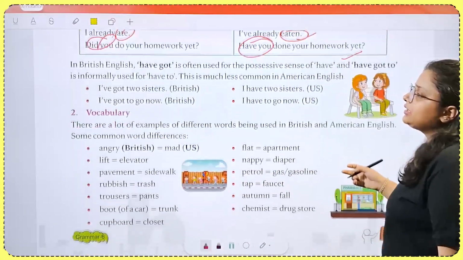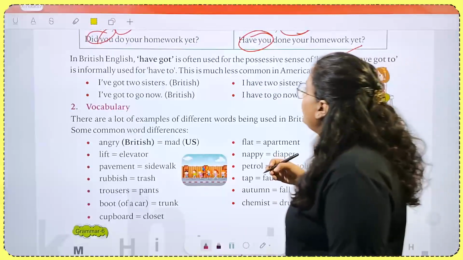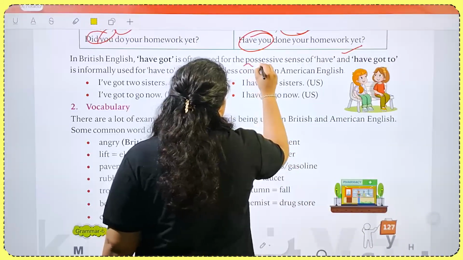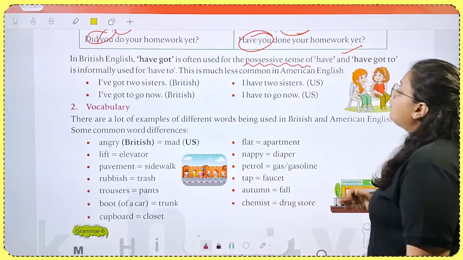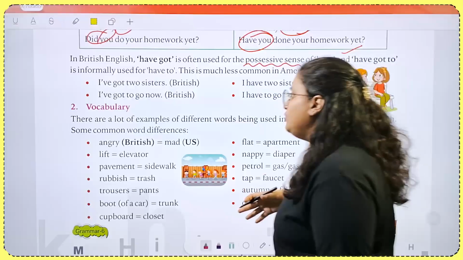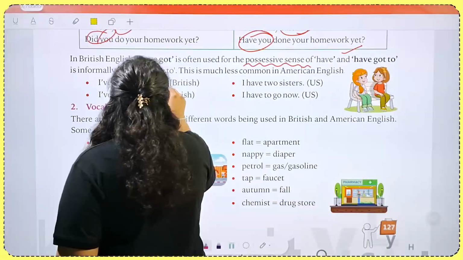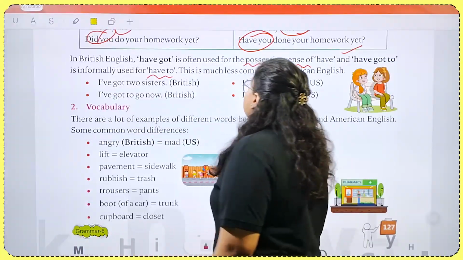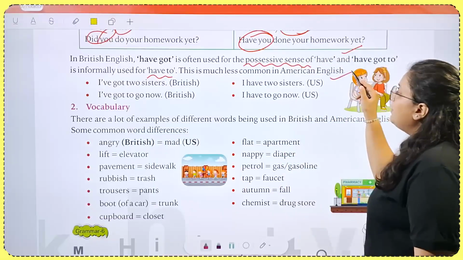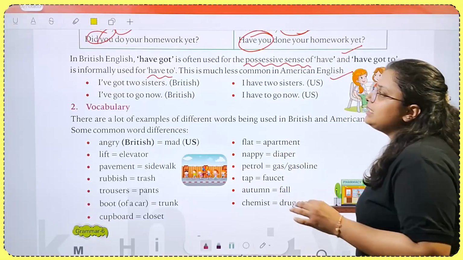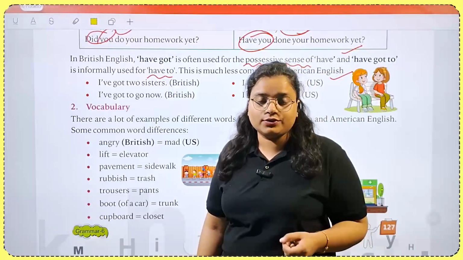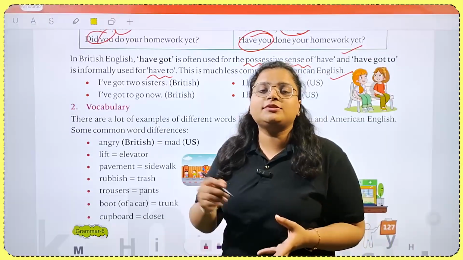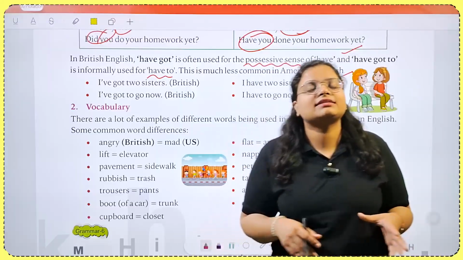In British English, have got is often used for the possessive sense of have, and have got to is informally used for have to. This is much less common in American English. So you can see how the speaking style of people is different. Even in India, my dear kids, if you observe, the speaking style differs.